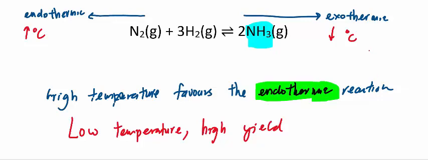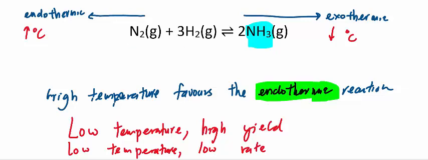But low temperature, high rate or low rate? Low rate. If I use low temperature, I get a lot, I get 60,000, but very slow. If I use high temperature, I get only 5,000, but very fast.